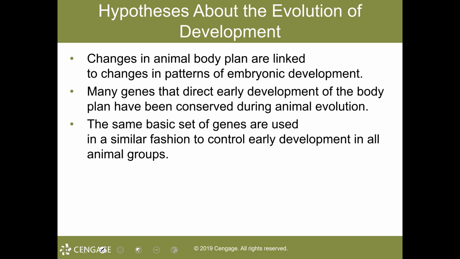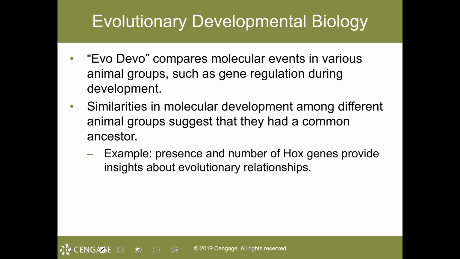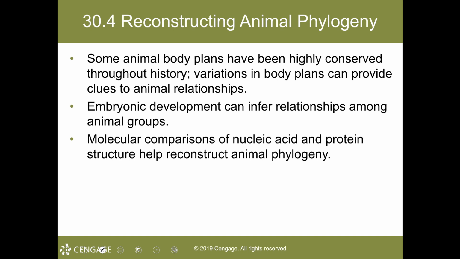Traditionally, biologists depended on those main structural differences to compare the processes of development in various groups. Well, what we're getting to now, class, is evo-devo, meaning evolutionary developmental biology. It's become an important approach to studying animal relationships. It's the comparison of those molecular events, such as gene regulation, during the process of development in those various groups.